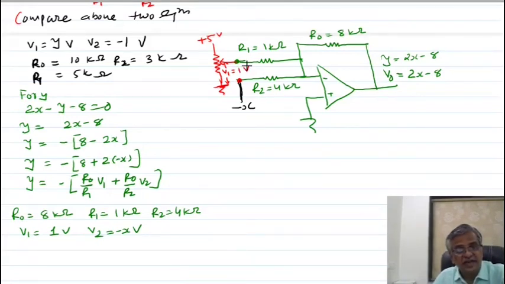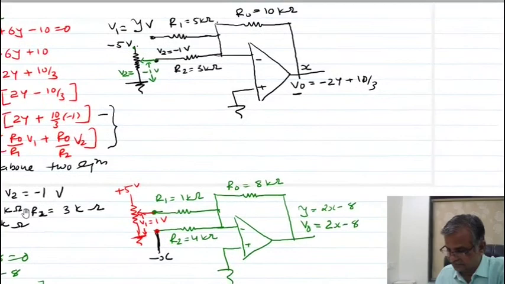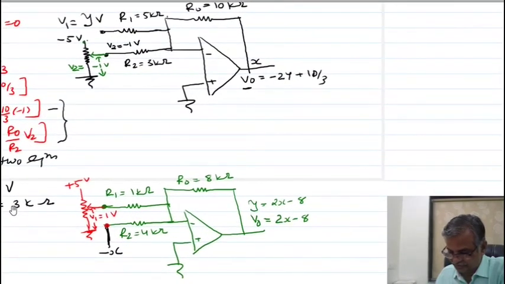Now I will prepare the circuit for the combination of these two, because I have to prepare a circuit which can directly give the solution of x and y. So what I will do? Look here. Here y is required.